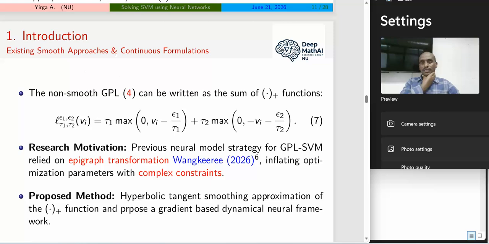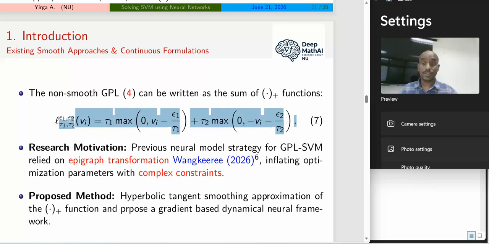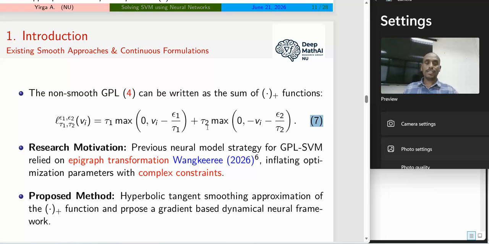We approximate the generalized pinball loss by some smoothing functions, like the plus function or the maximum function. First of all, we can express the generalized pinball loss function in this form. This is the form of the generalized pinball loss in terms of the maximum function.